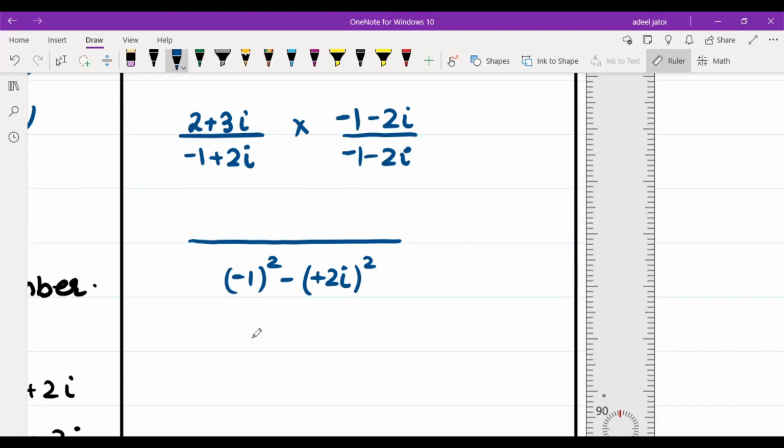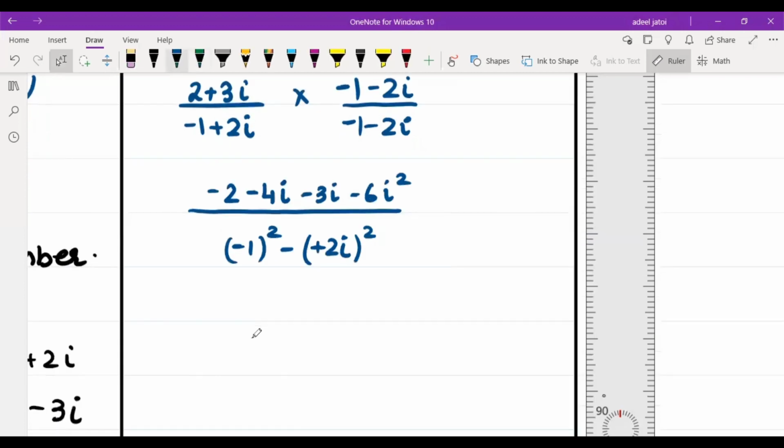Now, considering this, we will always multiply the numerator with all the values. That means 2 into minus 1 is minus 2. 2 into minus 2 iota will be minus 4 iota. Then 3 iota into minus 1 is minus 3 iota and 3 iota into minus 2 iota is minus 6 iota square.